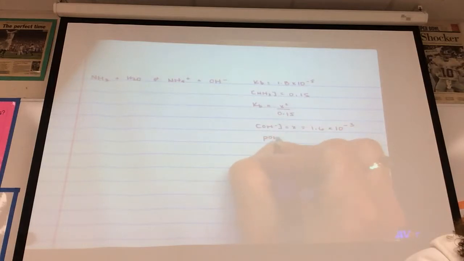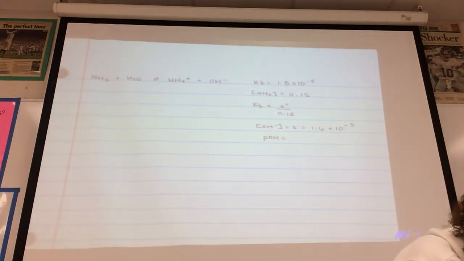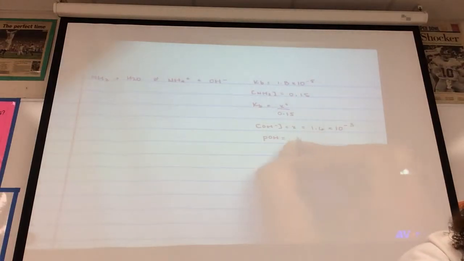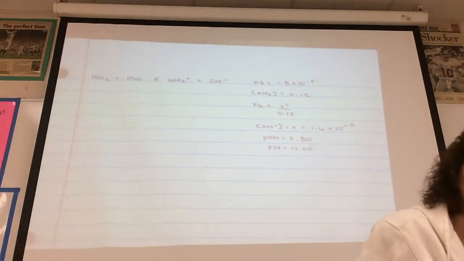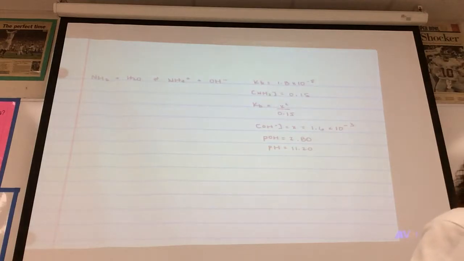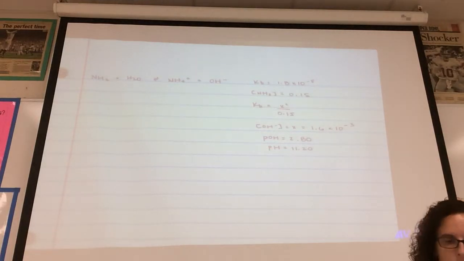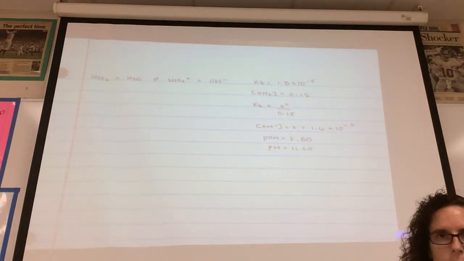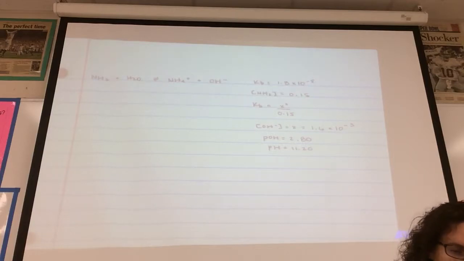The pOH would be negative log of 0.0016, and that would be 2.80, and the pH would be 11.20, correct? I just want a reference point. That you already know how to do. That should not be an issue.